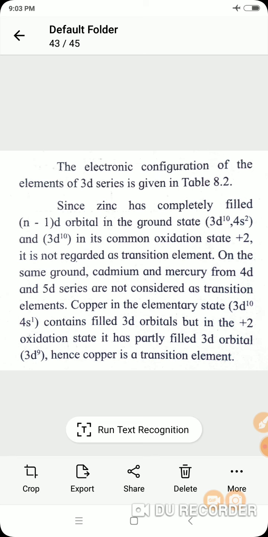The expected electronic configuration is 3d9, 4s2, but the observed electronic configuration is 3d10, 4s1. So it has a partly filled 3d9 orbital in the +2 oxidation state, hence copper is a transition element.